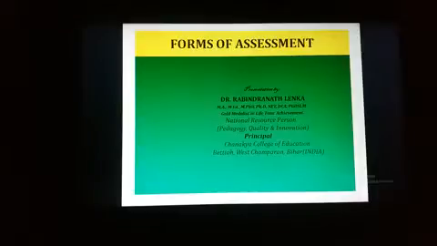As we all know that assessment is an integral part of the teaching learning process. It is a process of integrating the process of evaluation with that of teaching and learning.